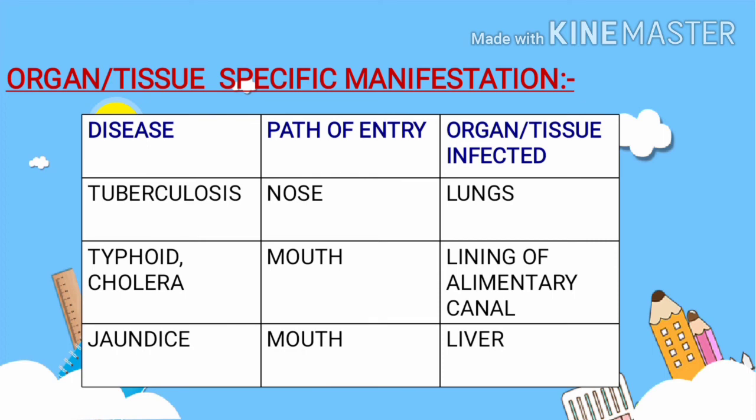Next, the germs of typhoid and cholera enter through the mouth and affect the lining of alimentary canal. We can see here again mouth and the lining of alimentary canal are part of the digestive system. Germs of jaundice enter through mouth, but it affects the liver.